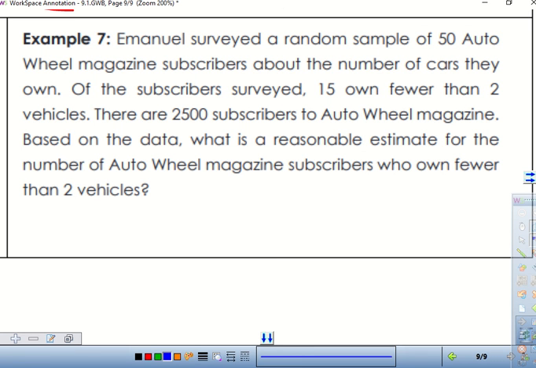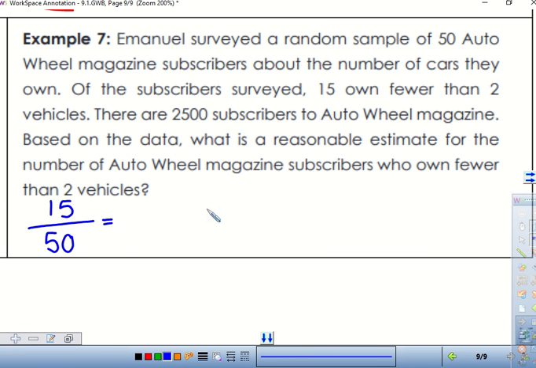Based on the data, what is a reasonable estimate for the number of Auto Wheel magazine subscribers who own fewer than 2 vehicles? So from this, we can get a percentage or a decimal about how many of the people surveyed had 2 vehicles. How many people did we sample? 50. And of those, how many had 2 vehicles? 15. Good.